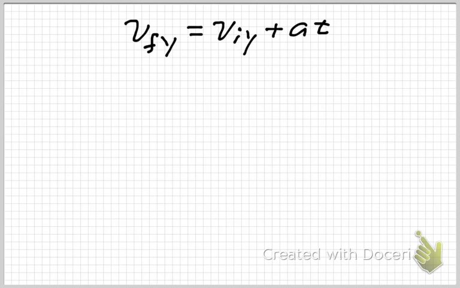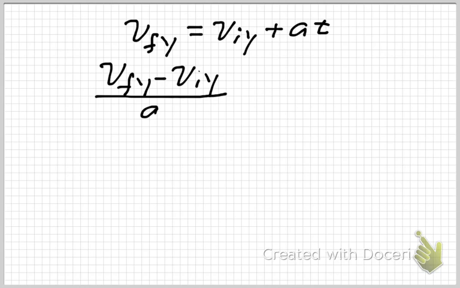Now, just like we did last time, we're going to use velocity final in the y equals velocity initial in the y plus at. So from each side, I subtract velocity initial in the y. It goes to 0 on the right. It stays on the left. I'm going to divide each side by acceleration. So on the right-hand side, it goes to 1. It stays on the left.